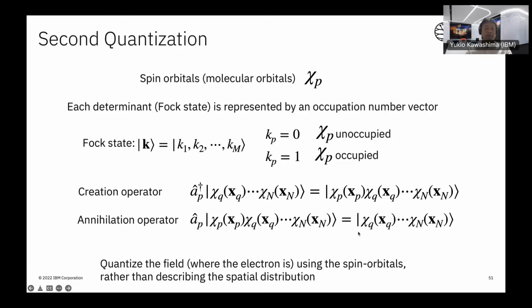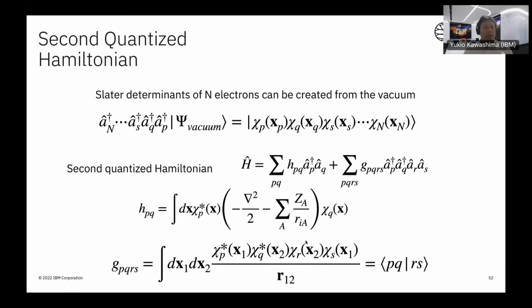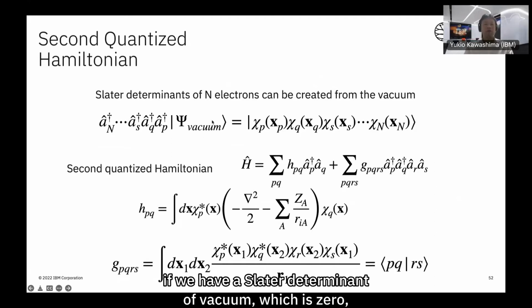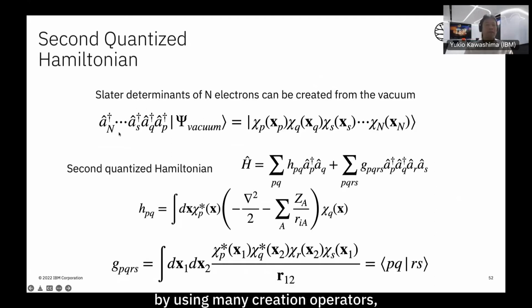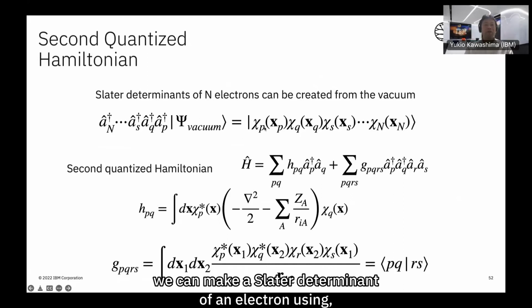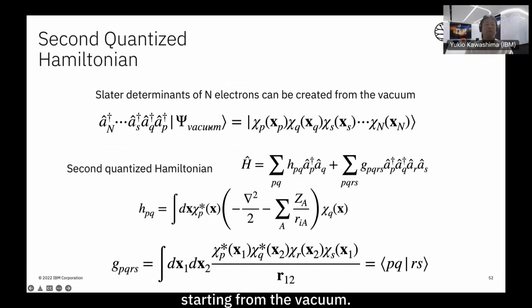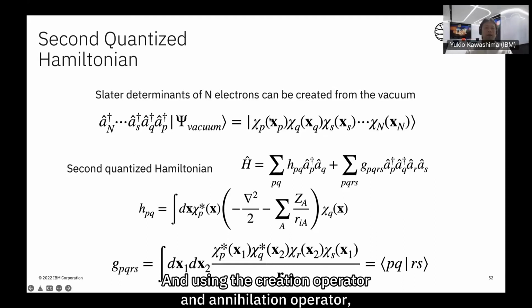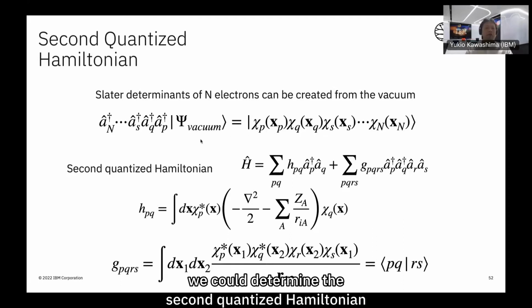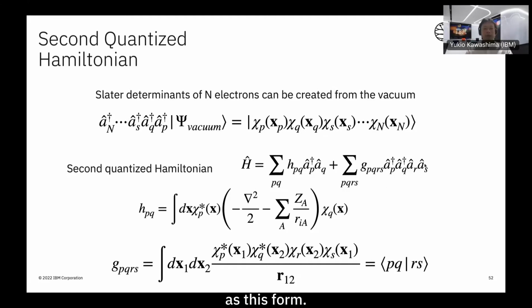So if we have a Slater determinant of vacuum, which is 0, by using many creation operators we could make a Slater determinant of n electrons starting from the vacuum. We could introduce electrons in the Slater determinant using the creation operator. And using the creation and annihilation operators, we could write the second quantized Hamiltonian in this form.